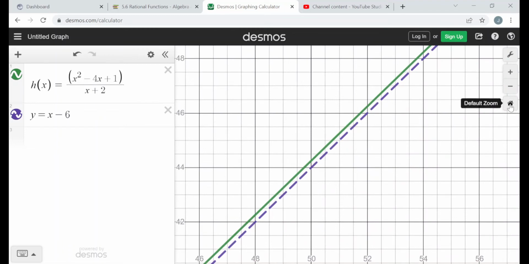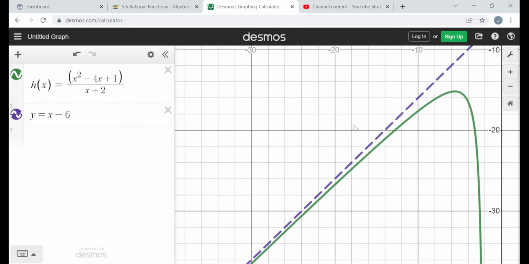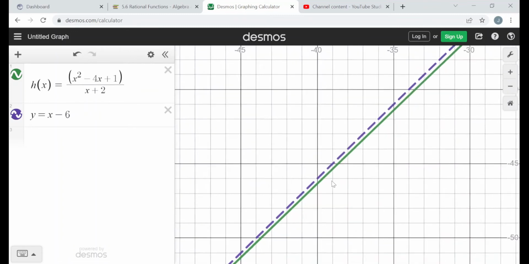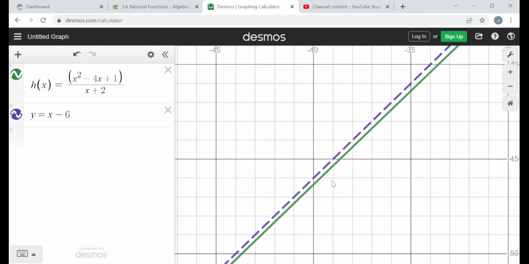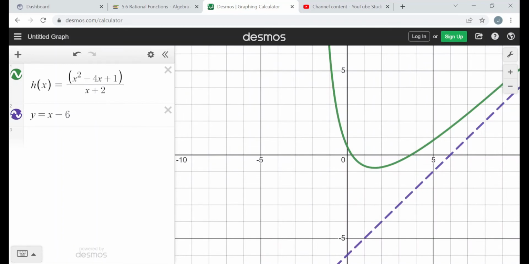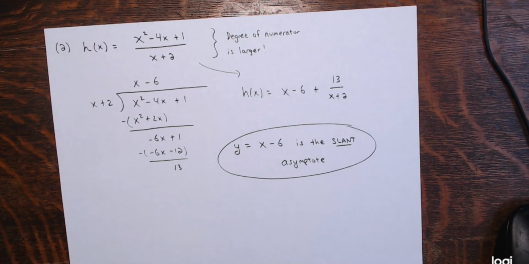And the same thing off to the left, just from below. The green graph is approaching the purple dotted line, y equals that quotient. So it looks like we have a good slant asymptote based on that picture.